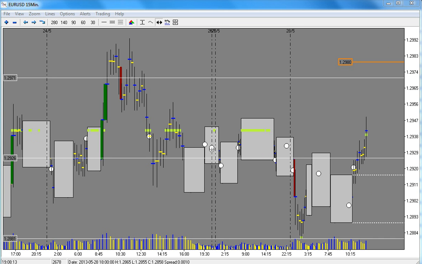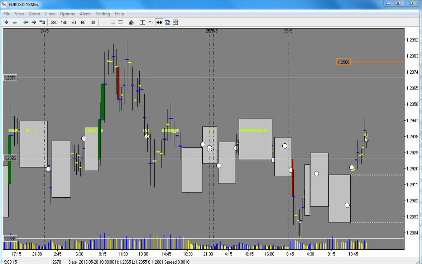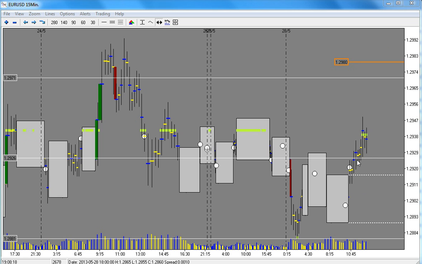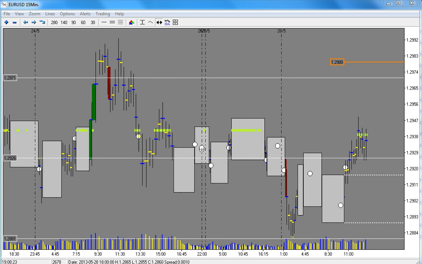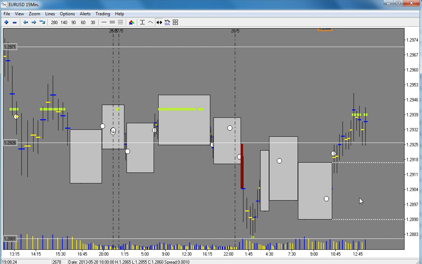So let's see. Again, boxing a little bit of resistance there. We've had this look like a continuation type move. It was picking up a bit of intensity, but then it started to come back on me. So I started writing things in my journal here that it got into this resistance. At this point, I'm thinking, oh, wait a minute, have I got this right?